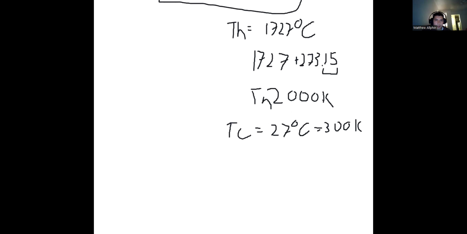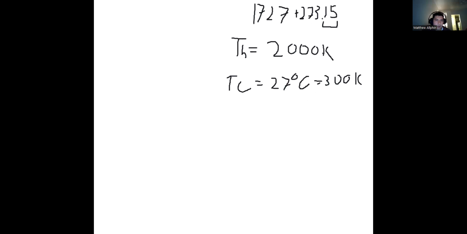So now I have my temperature hot and my temperature cold, and then I just plug it into my equation. The limit of the efficiency is equal to 1 minus a hot temperature over the cold temperature.